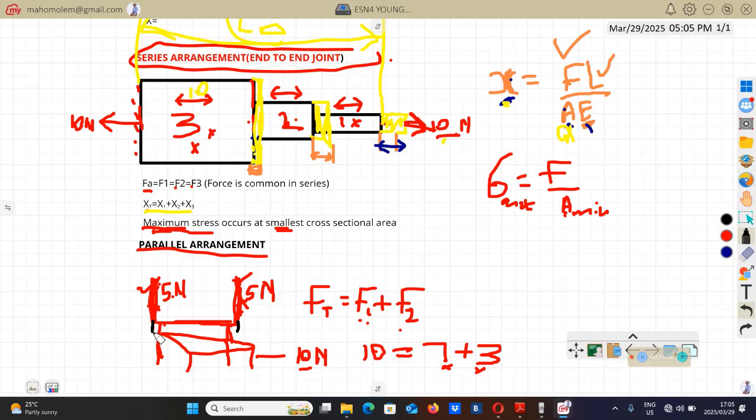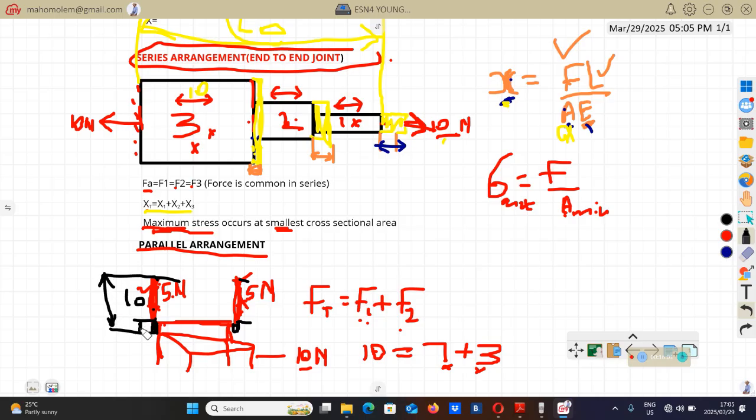Remember, the original length started there and ended there, this is the original length LO. Once you hang the load, that load is going to pull this rod downward, so this rod will end up stretching, and the length will grow from this size to this size.